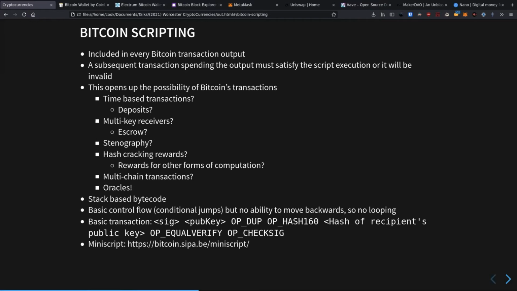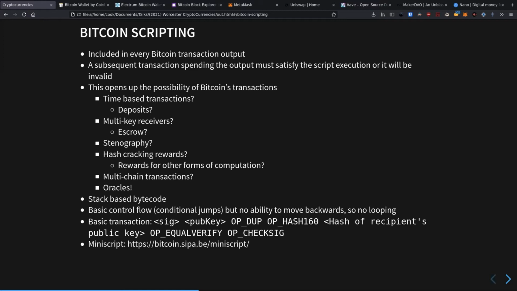So scripting is a rather interesting part of Bitcoin that I'd be surprised if people knew about, because it's not very well known. When you actually send Bitcoin to somebody, you don't send it to an address as you might think, or as wallet software abstracts it to.